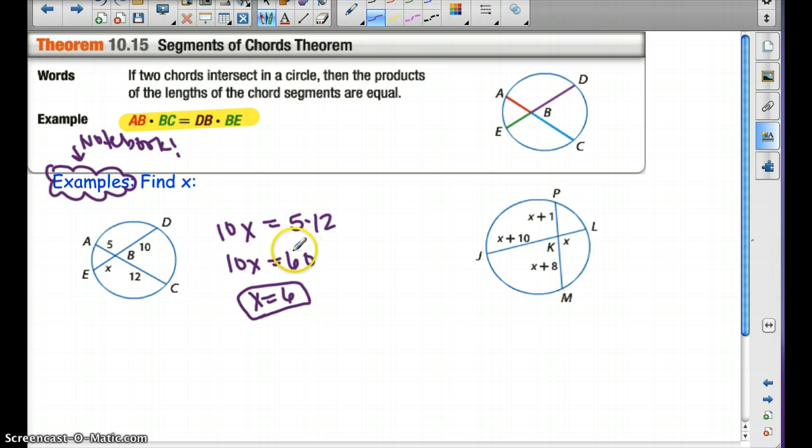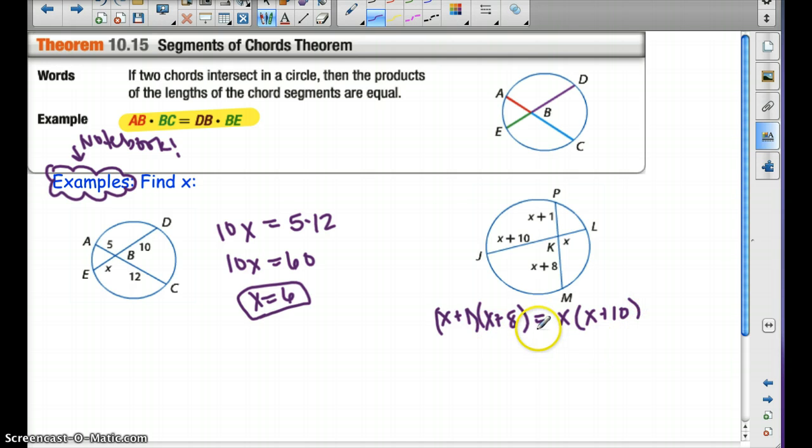And in this next example, we are going to take x plus 1 times x plus 8 equals x times x plus 10.